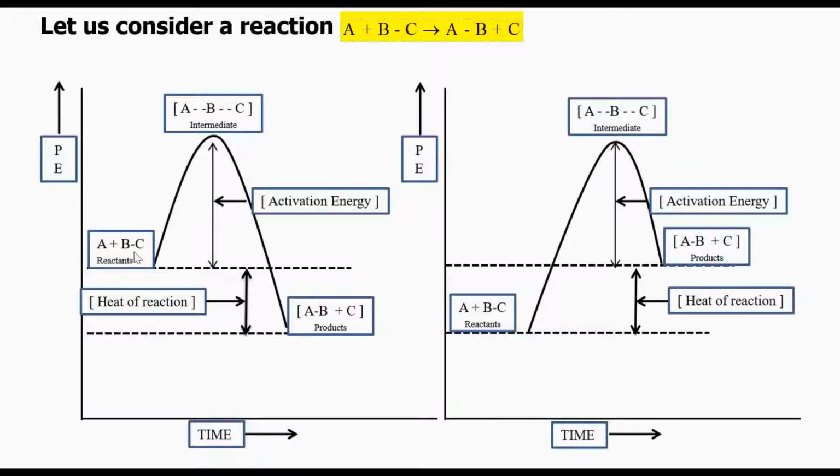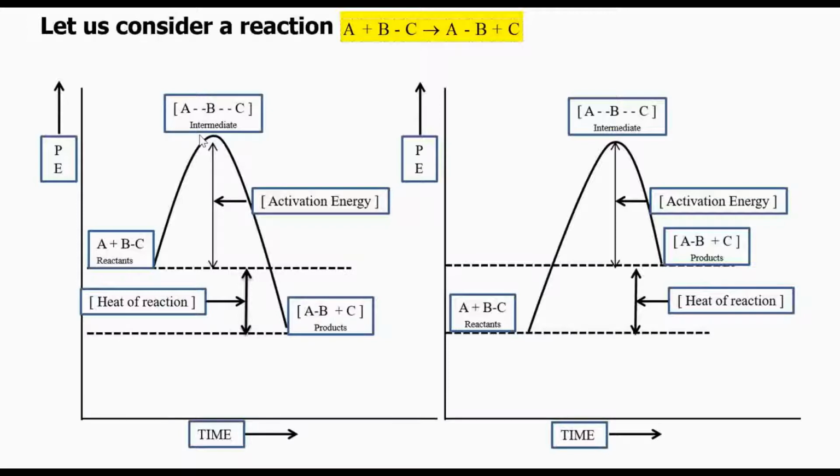So if you want to carry out a reaction, you have to heat it and send the reactants to a potential energy where an intermediate, the transition state or an activated complex, is formed.